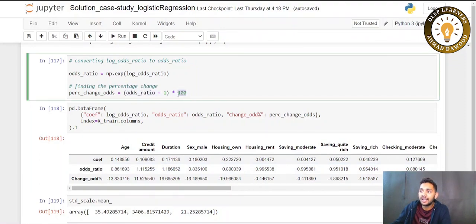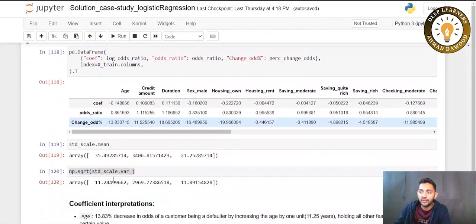When I multiply that change by 100, it will give it in terms of percentage. Okay, I hope you got an idea. By interpretation of coefficient, we can also interpret the strength of the relation of particular variables with the target column. Okay, so here you have seen very well.